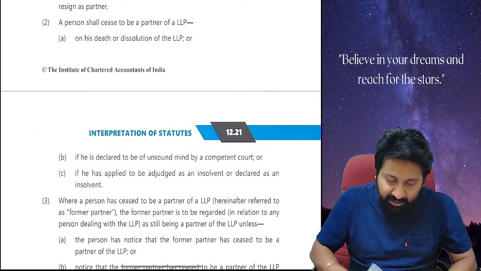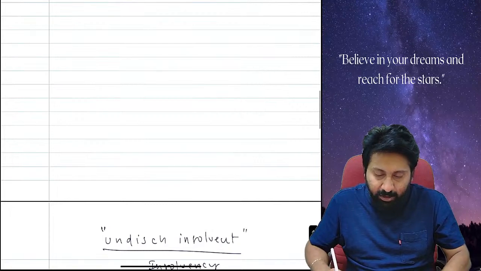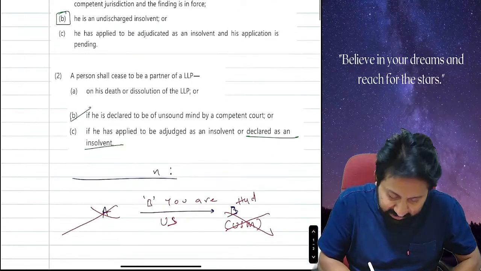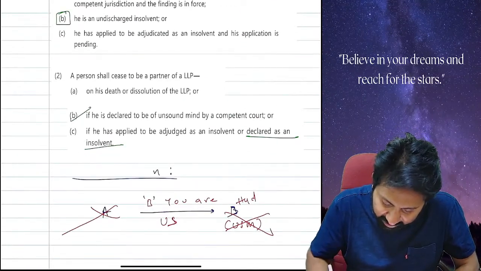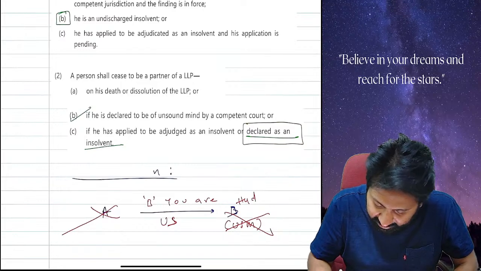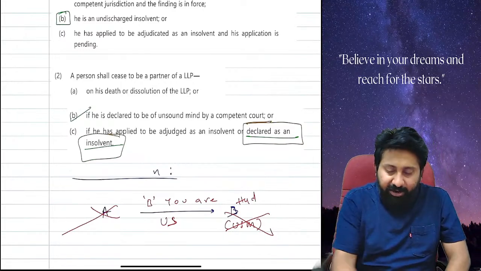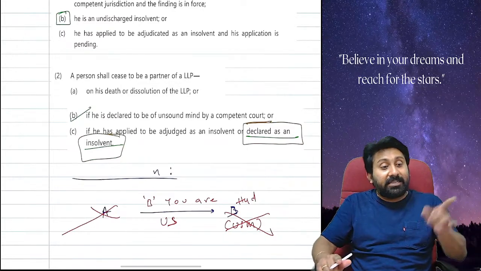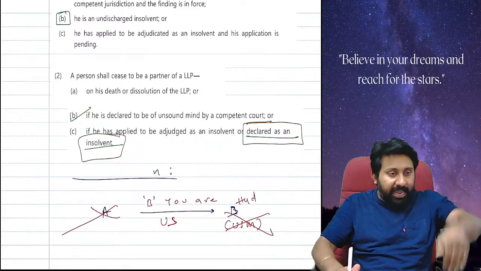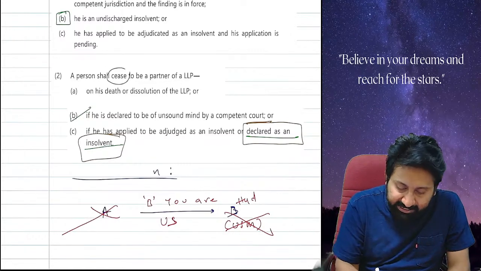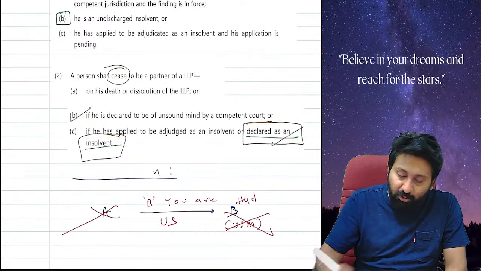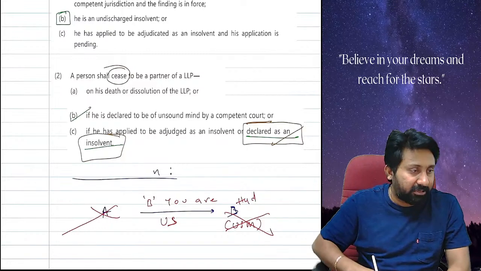That's why when you see the vacation section, how beautifully the lawmaker used the words, if he has been declared as an insolvent, not undischarged. Undischarged is a period. Declaration is on a day. That's why whenever vacation comes, they used only declared as insolvent. Over. That's all.